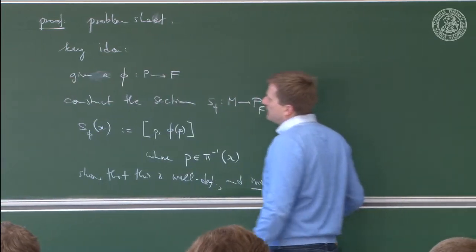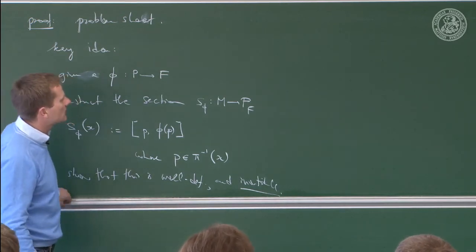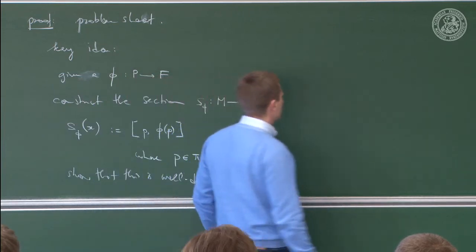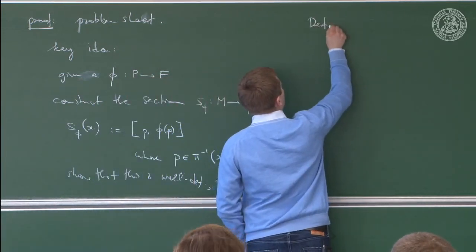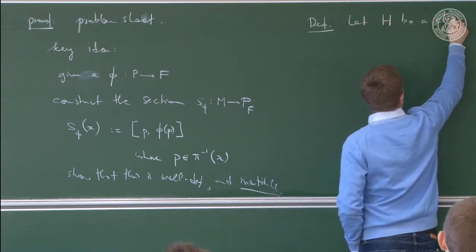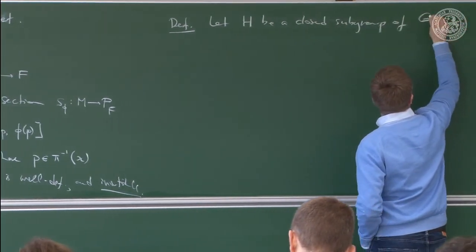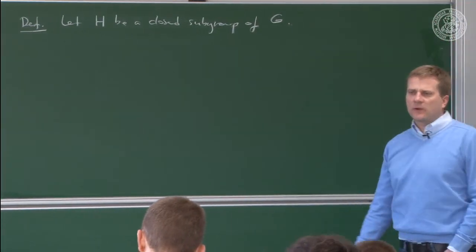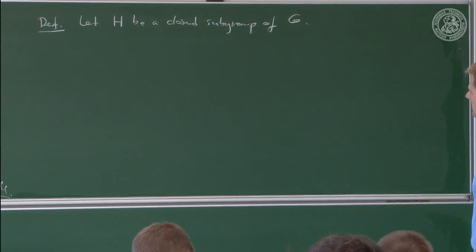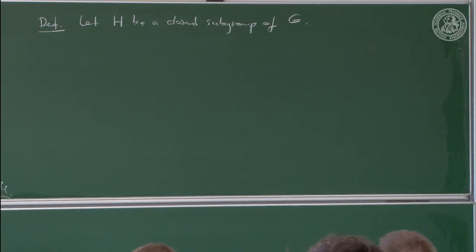So the final definition and theorem I want to provide for associated bundles is the restriction and extension of bundles. Definition. Let H be a closed subgroup of the Lie group G. Now we're going to deal with associated bundles with respect to different underlying principal bundles.